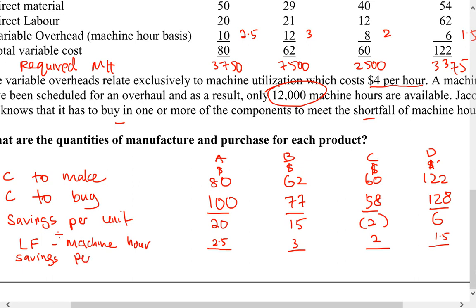Savings per machine hour. Okay, every machine hour I save $8 to make.